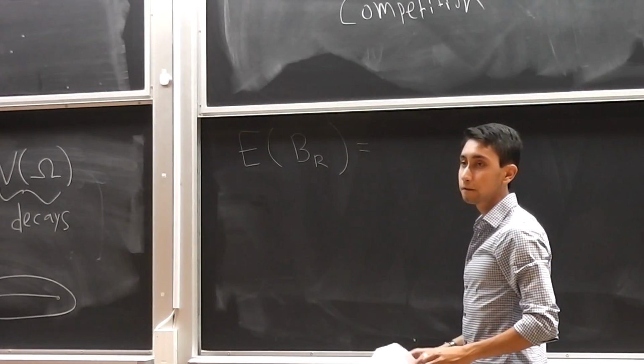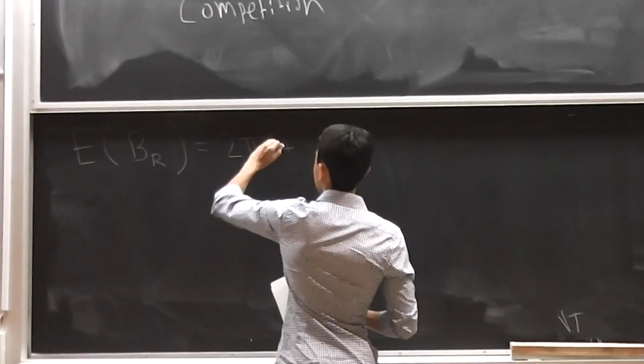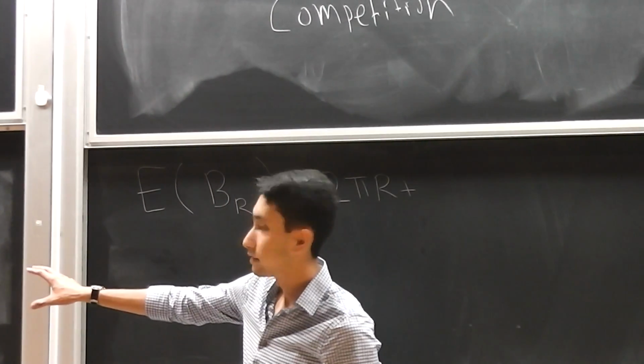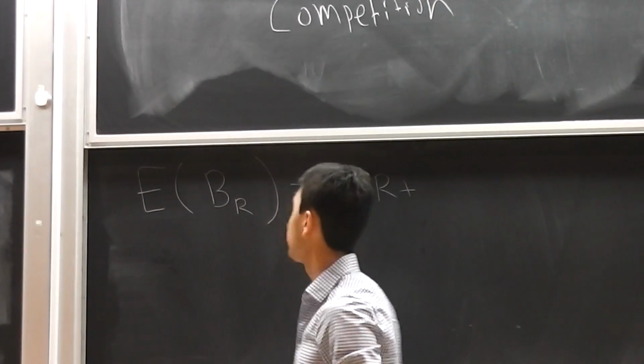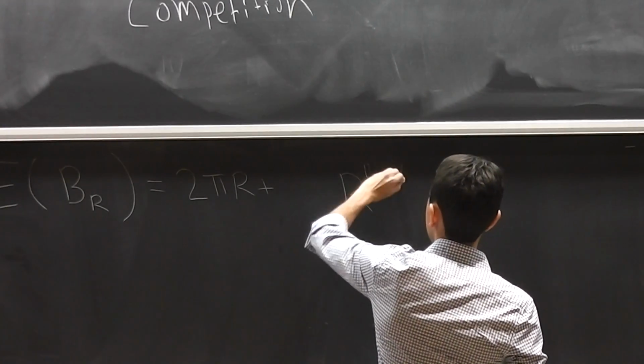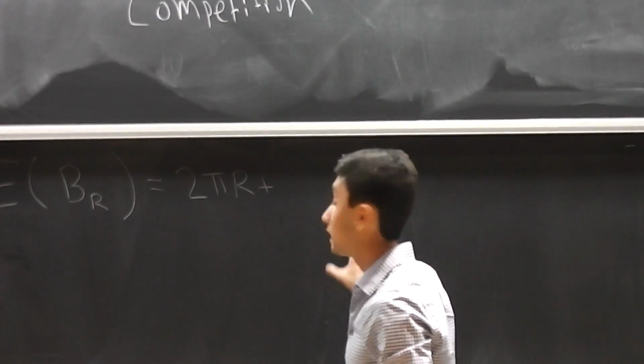Well, the first term is just 2 pi r, right? And the second term should go roughly like r to the 4 minus alpha, right? Because you have the 2 area elements, and then you have the minus alpha.